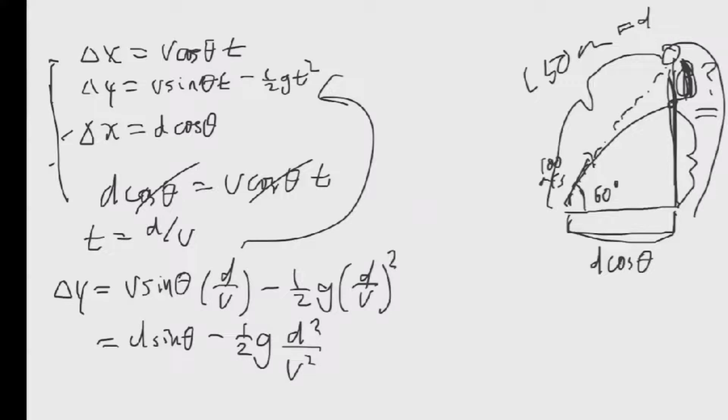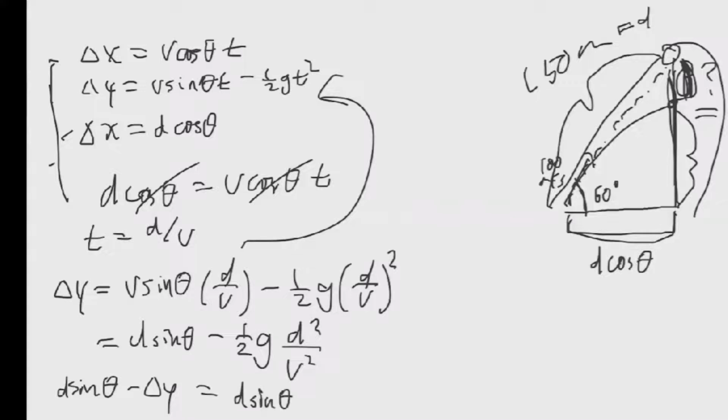To find the height of the target, we can use trigonometry again. If this is d and we know this theta, it's just d sine theta, right? So now we want d sine theta minus delta y, and this is going to be our answer.